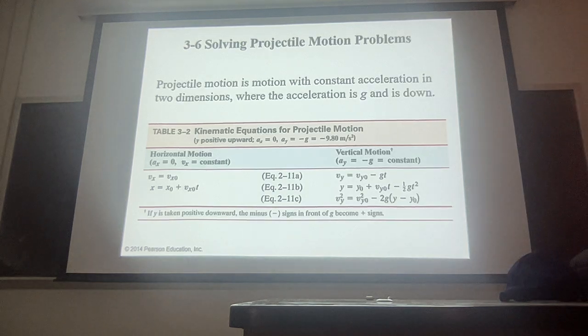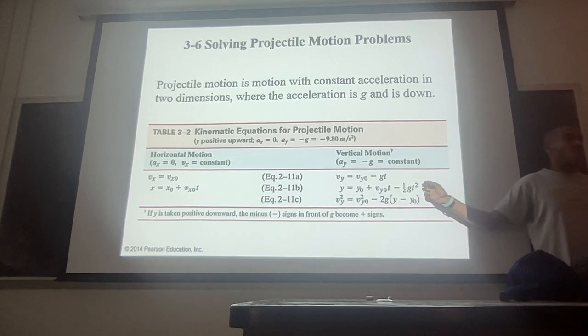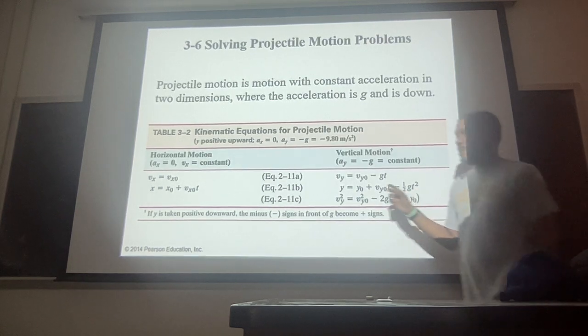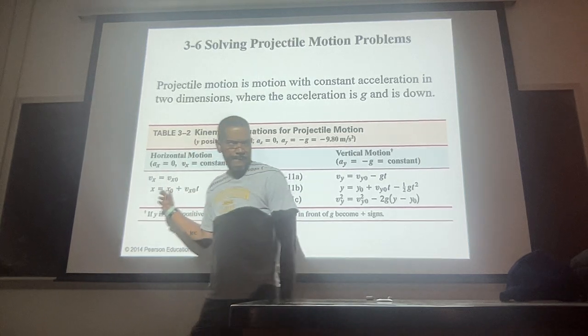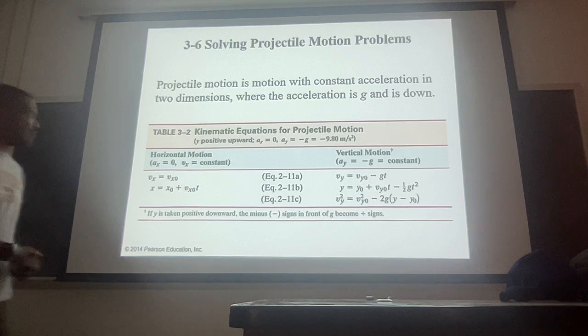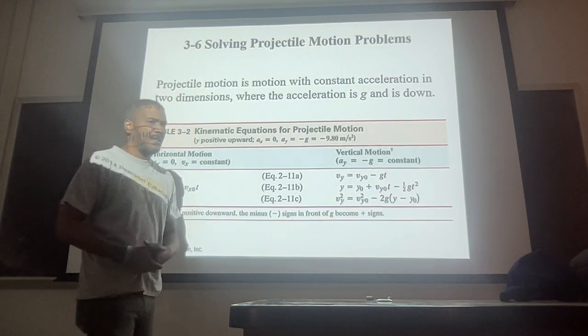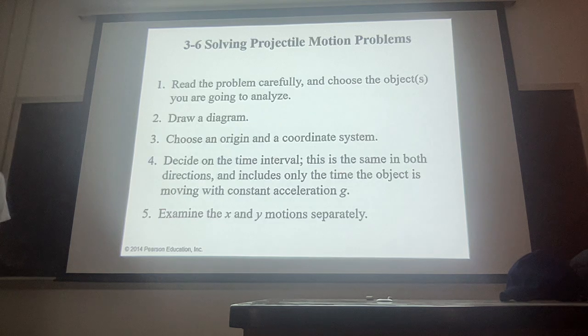You assume in the X direction there is no acceleration, only in the Y. That's why we see the g here, and we don't see a here. But we're going to get a chance to work with that and practice.